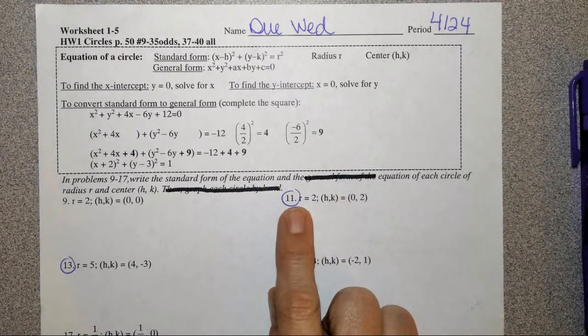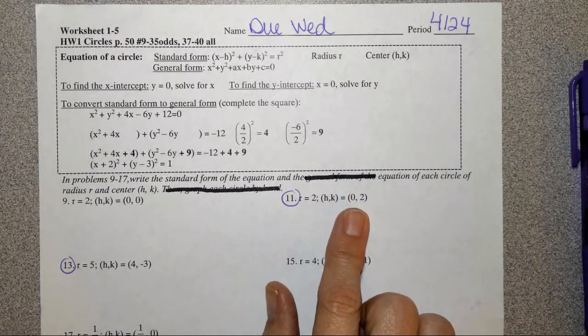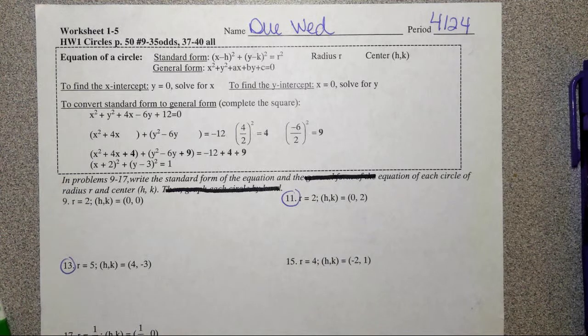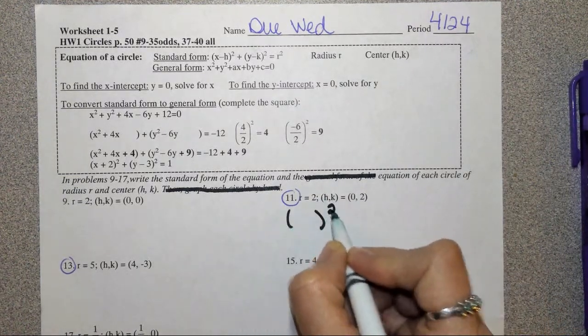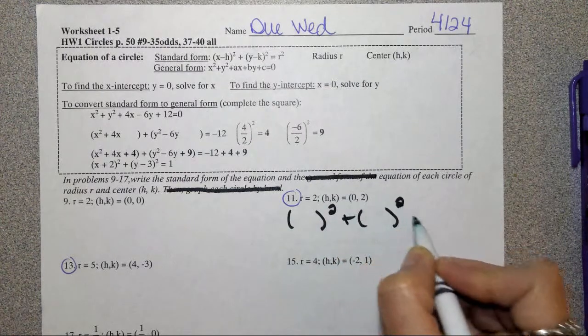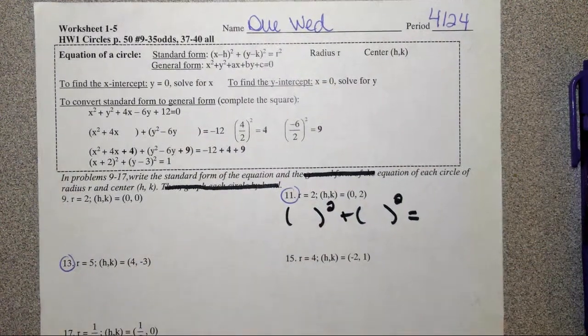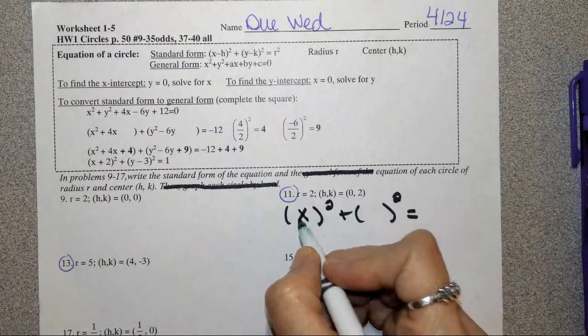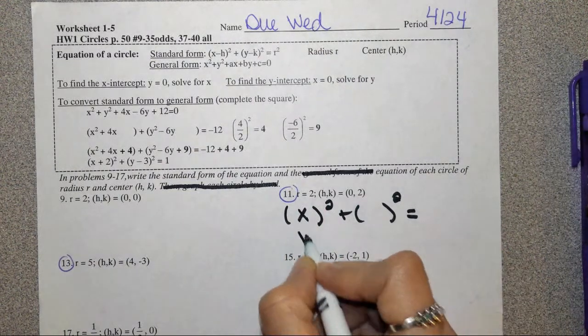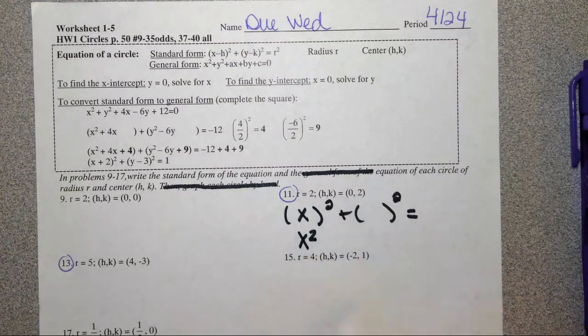Okay, number 11. Did it already give me the radius and did it already give me the center? Yes. Okay, that part's done. All I have to do is write it in standard form. That's easy. So I know I need the parenthesis thing. In your first parentheses, we're going to put what? Just x what? So did I really need the parenthesis for that one? No, I didn't. Over here in the second one, look what I did.